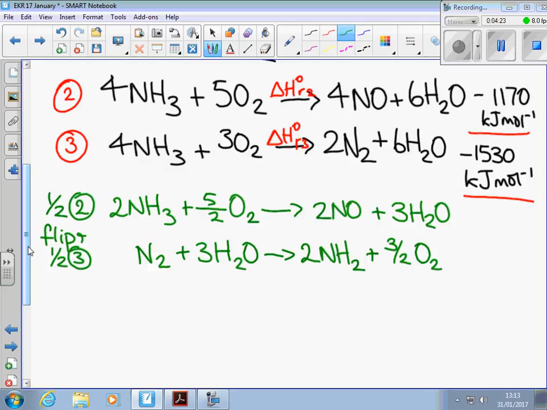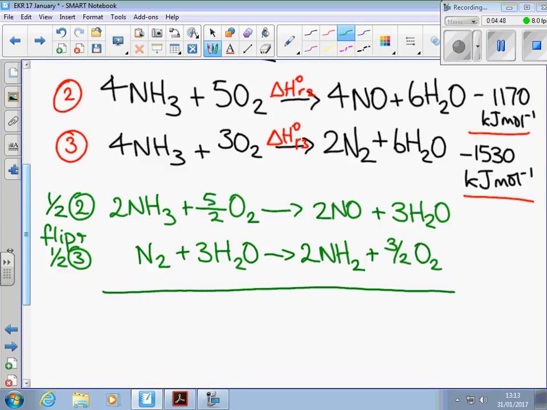And it depends how good you are at fractions as to whether you'll be able to cancel those out. We now use the simultaneous equation approach, and we're just going to add those together, because this is what we mean by Hess's law. This is following the other route. We're following half of equation 2 to one intermediate situation, and then we're reversing half of equation 3 to get back to where we wanted to.